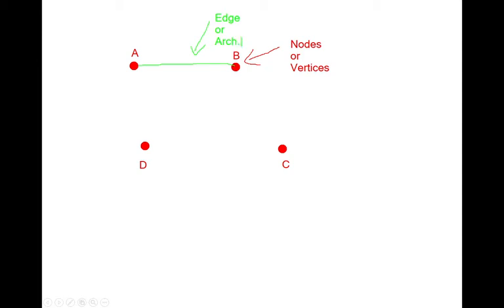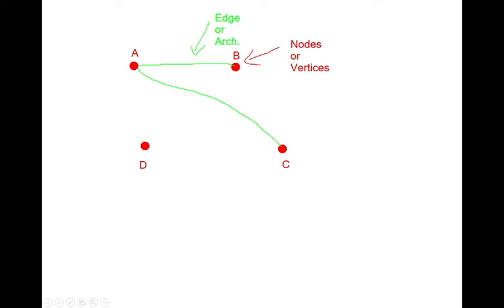Similarly, this node A can also be connected with B. So the whole of this is called a graph. If you see here, the edge from A to B does not have any direction, so this is an undirected edge.